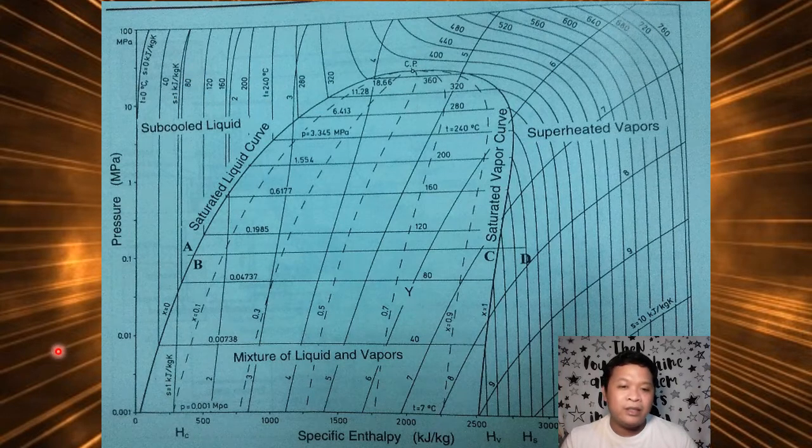The saturated liquid curve, on the other hand, represents all points, combinations ng pressure and temperature at which the water is at its pinaka-boiling point. Remember, as we know, the boiling point of water is actually dependent on the atmospheric pressure niya, di ba?